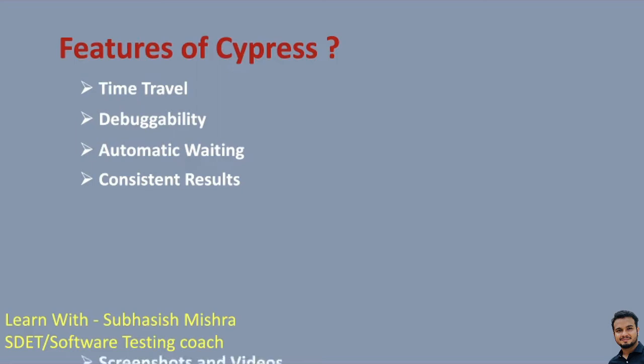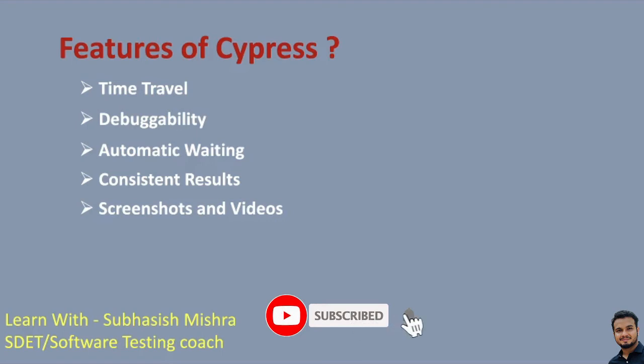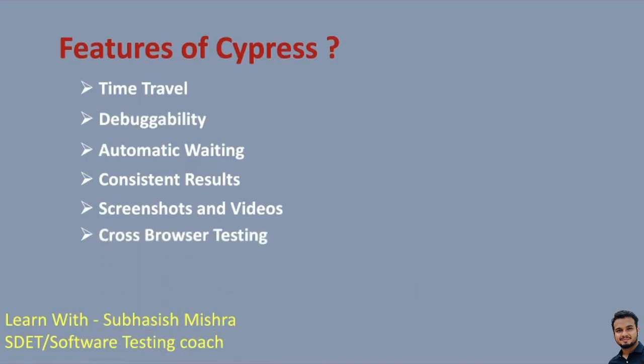Now we'll move to the next one, that is screenshots and videos. It takes screenshots automatically on failure or records videos of your entire test suite when running from the command line also. Now we'll move to the next one, that is cross browser testing.